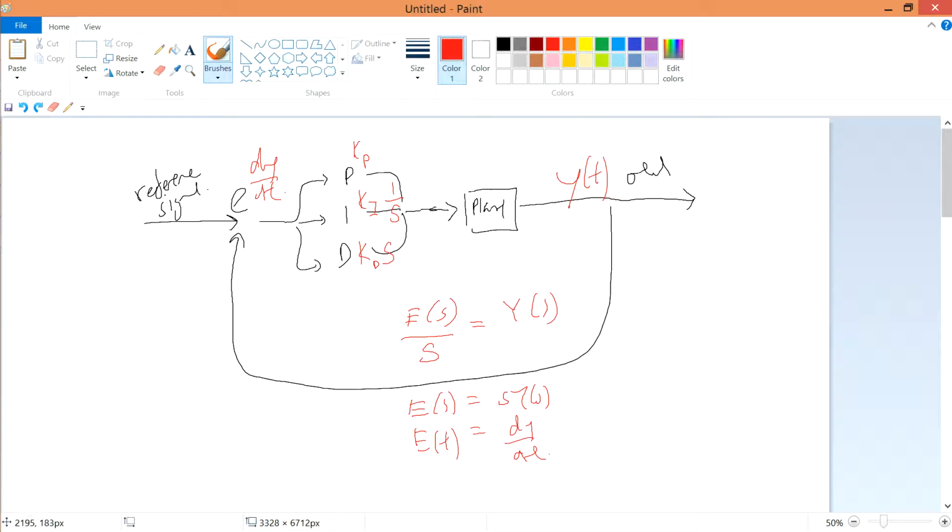That's just the meaning of that. You can work the other way. Since you have e(t) equals dy/dt, if you take the Laplace transform, you have E(s) equals sY(s). Same thing. You just bring this s over here, you have E over s equals Y(s). So your E(s) times 1 over s equals your Y(s).